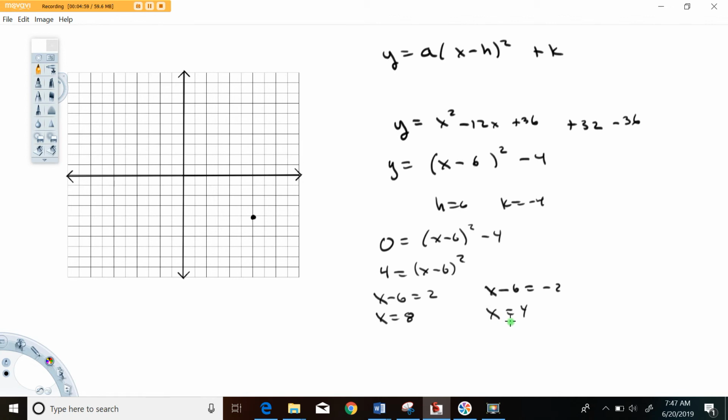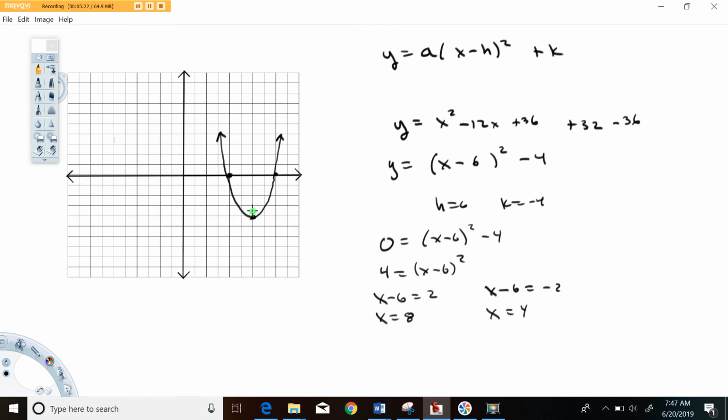So we know this goes through the point (4, 0). We know it goes through the point (8, 0). And that's enough to sketch the graph here. We know that that's the vertex. So this parabola looks something like this.